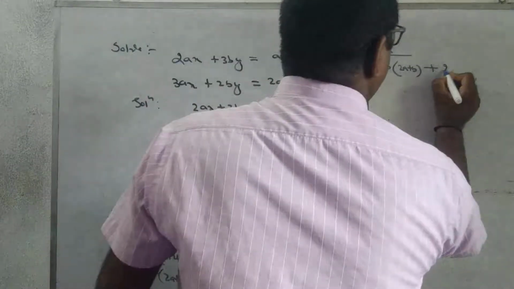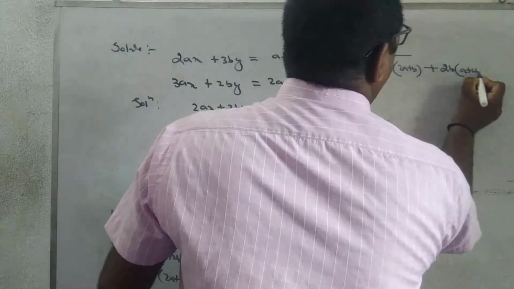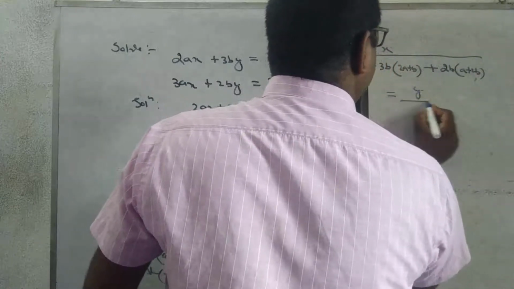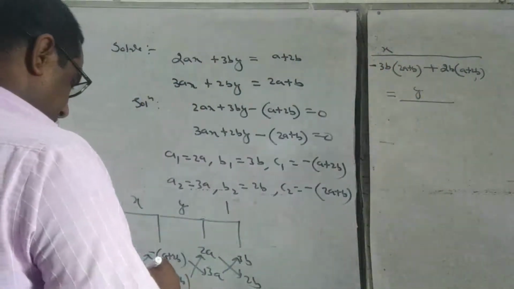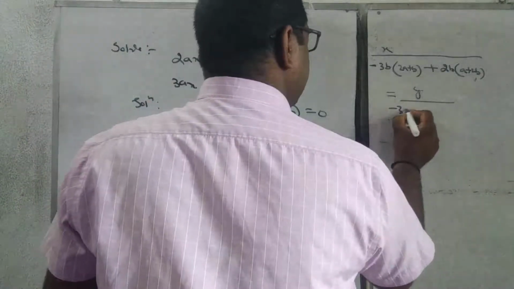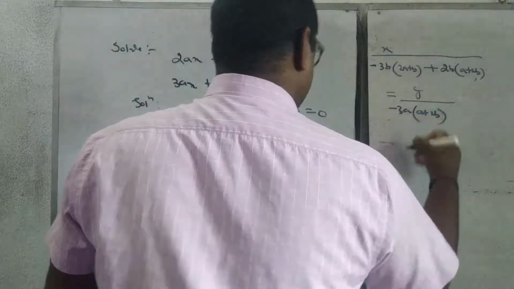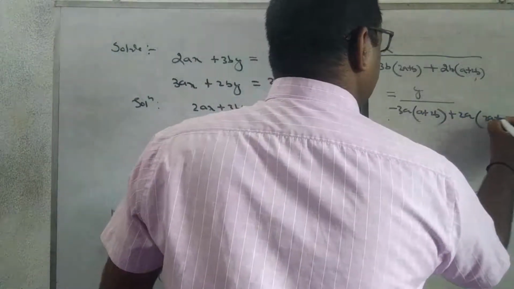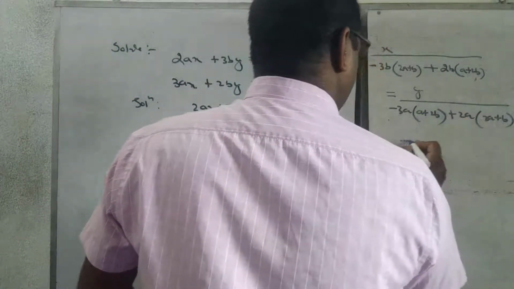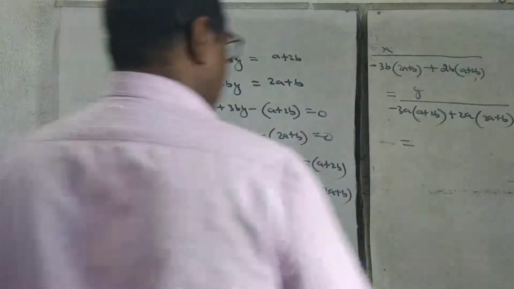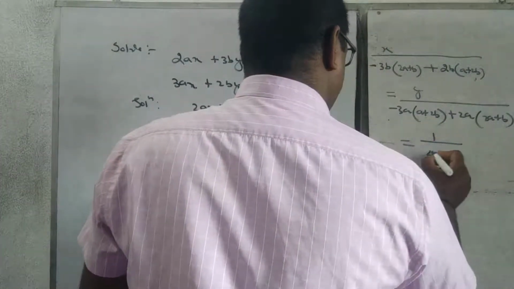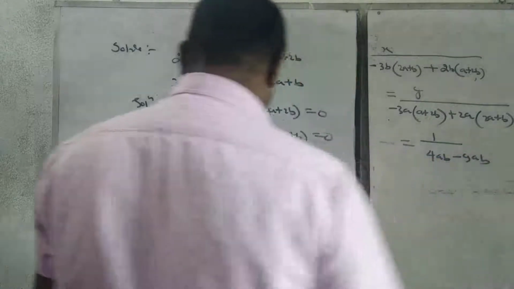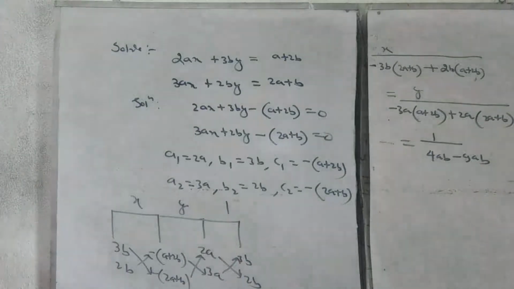This is 2b into (a plus 2b), or it is equal to y upon minus 3a into (a plus 2b) and plus 2a into (2a plus b), or constant term. This is 1 upon 4ab minus 9ab. 2 times 2 is 4, 3 times 3 is 9.